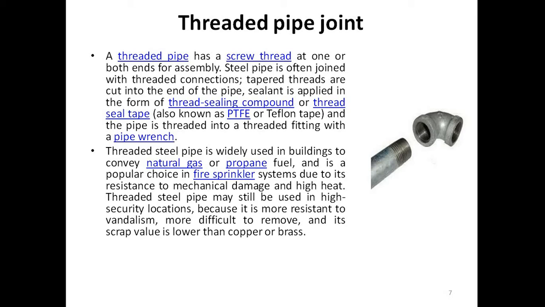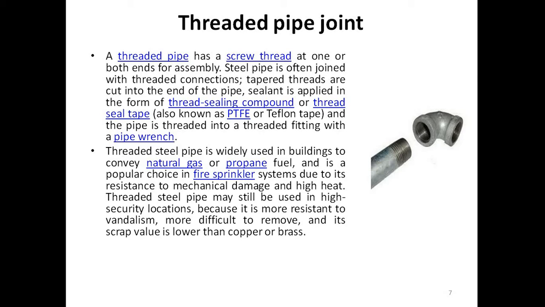Now, a threaded pipe has a screwed thread at one or both ends of the assembly. As shown in the figure, screw threads are there for threaded pipe. It depends on the application; it may be at one end or both ends, depending on requirement. Steel pipe is often joined with threaded connections, which are there for joining purposes.